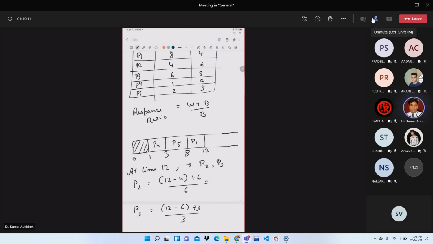So this is 14 by 6, which is 2.33, and this will be 9 by 3. Is it clear? P2 will execute till 18, then P1 will execute till 20. So this will be your Gantt chart.